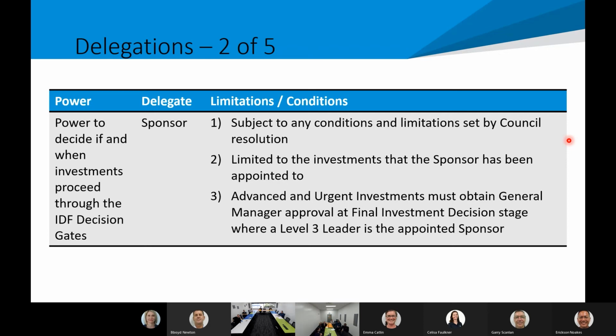And for advanced and urgent items, they must obtain manager approval at final investment decision stage where a level 3 leader is appointed the sponsor. So this just came off the back of knowing in some instances you may have a single sponsor or single person making every gate decision, so it's around adding in that higher level for those of higher risk or complexity.